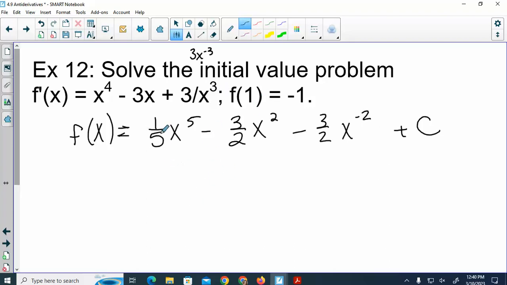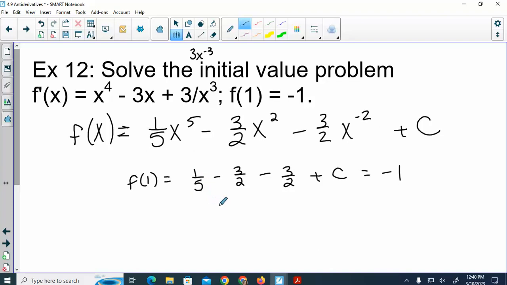Okay. So f of 1. So if I put in 1 for all my x's, we get 1/5 minus 3/2 minus 3/2 plus c. And that has to be negative 1.